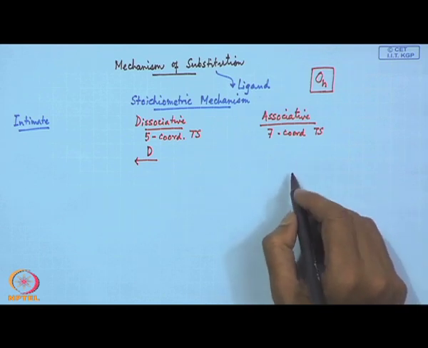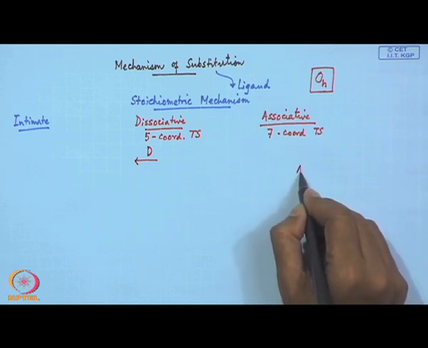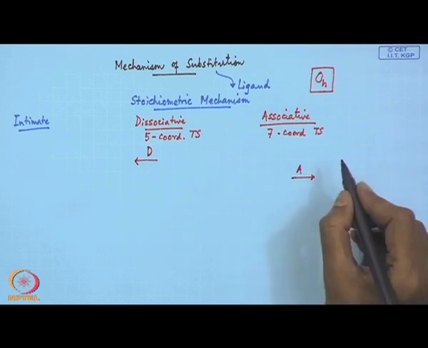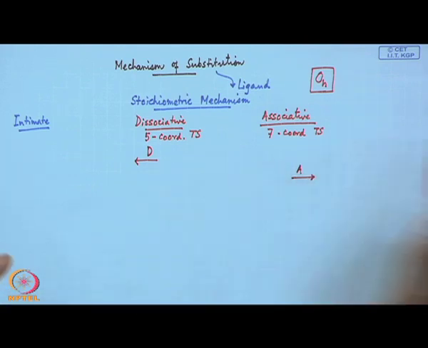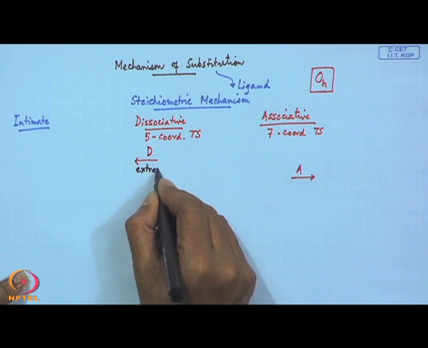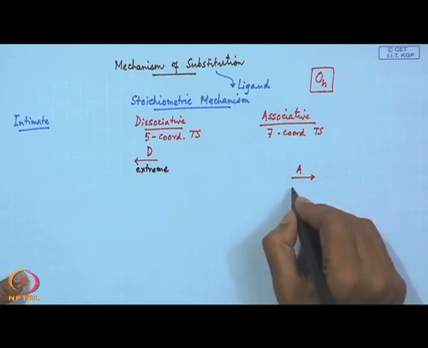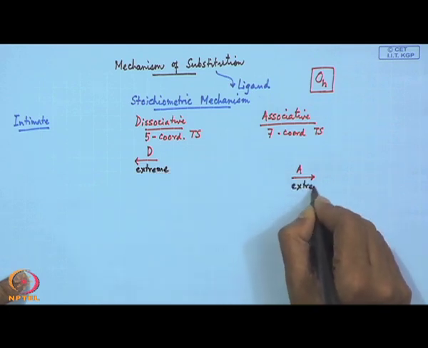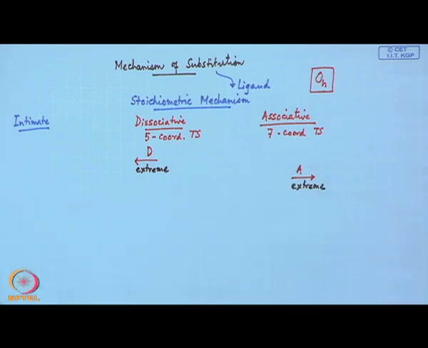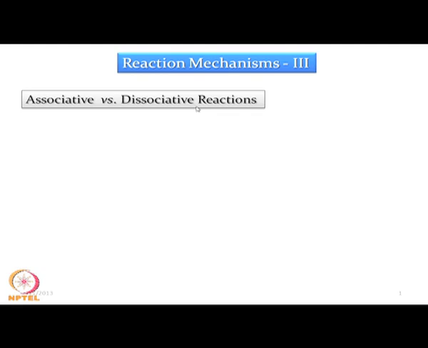And at the other end we have the associative reaction for the extreme cases. So, these two, D and A, are two extreme cases for these reactions.